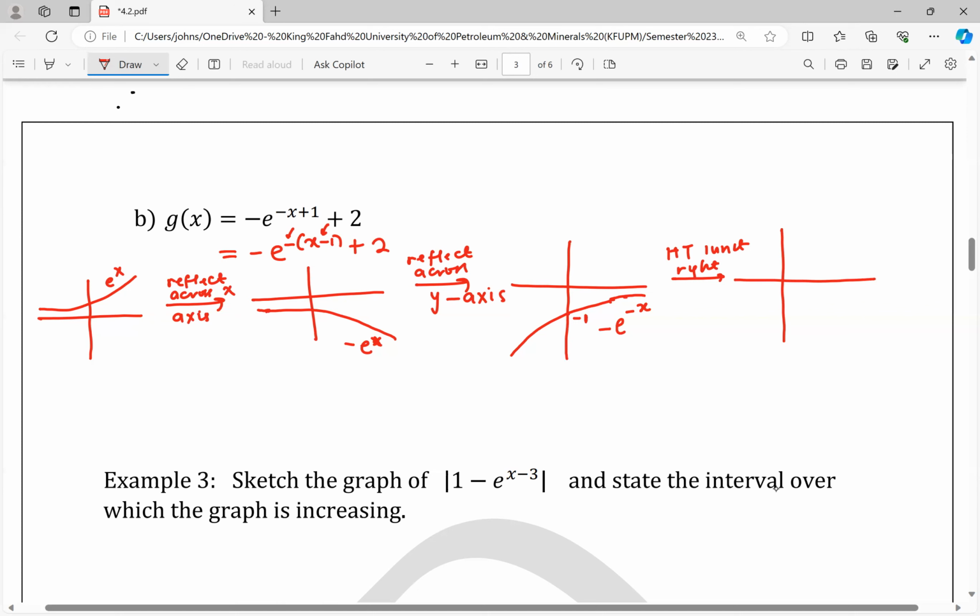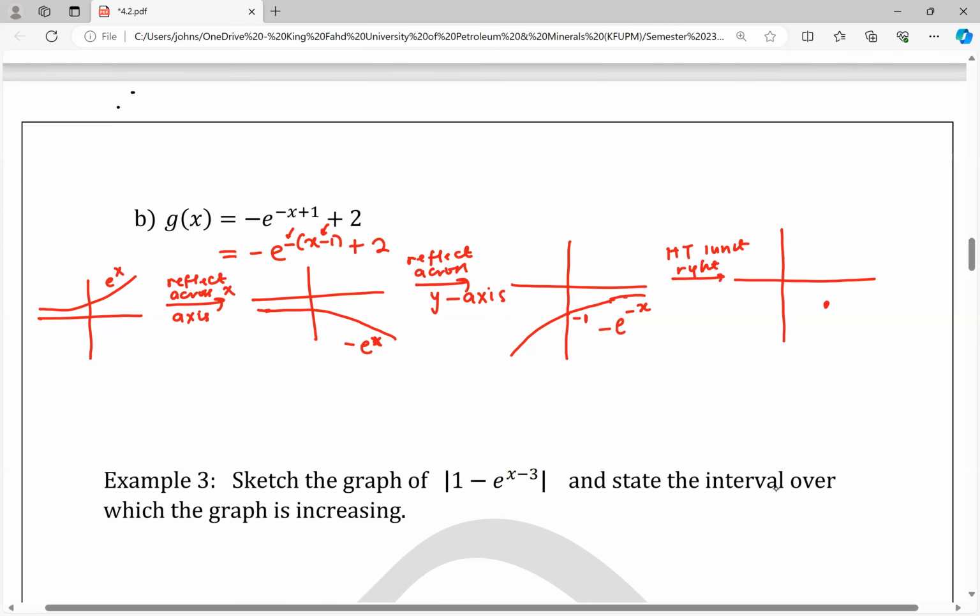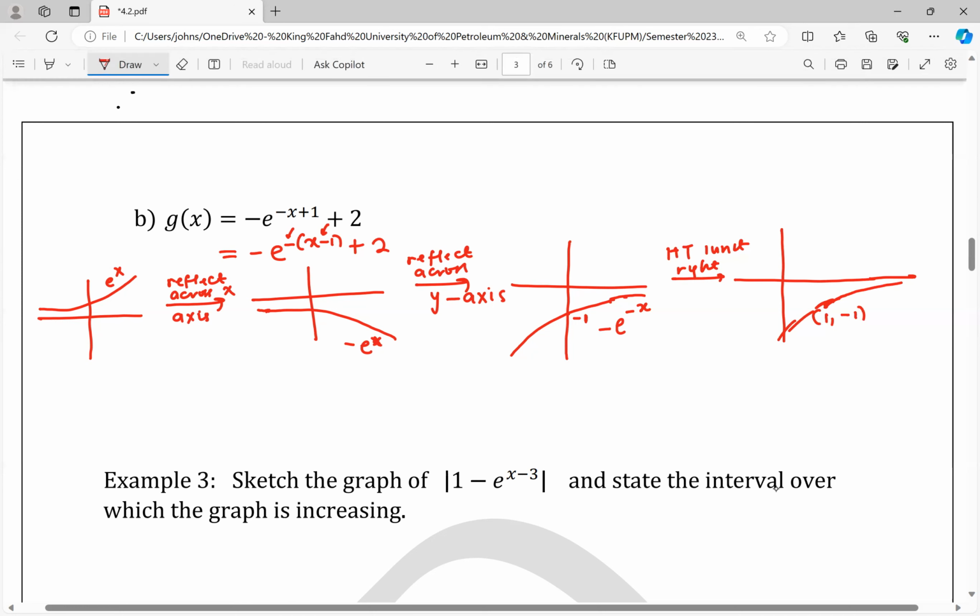So this point will shift somewhere here. And now it will be x equals 1, y is -1. So this is the shifting of the point.